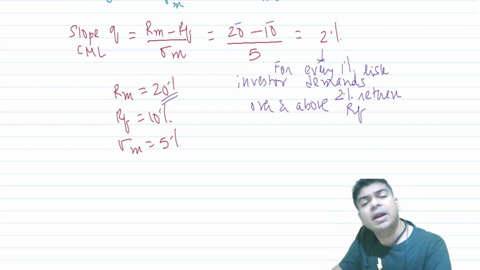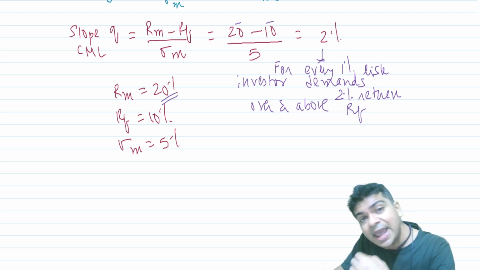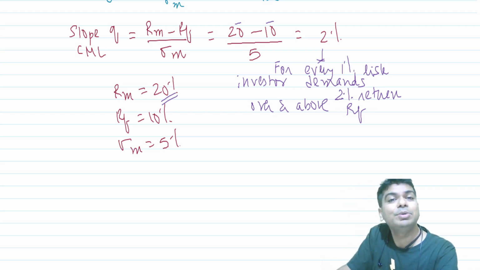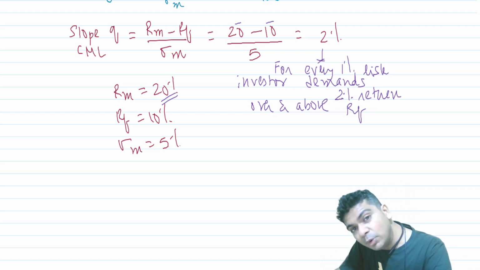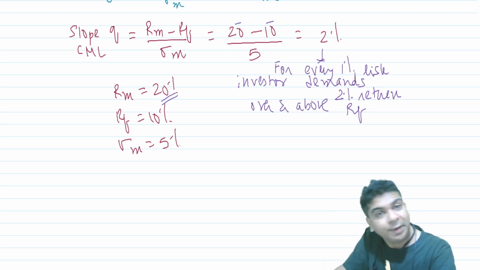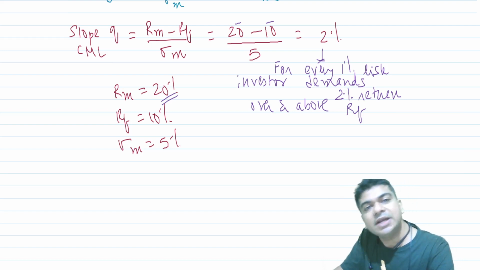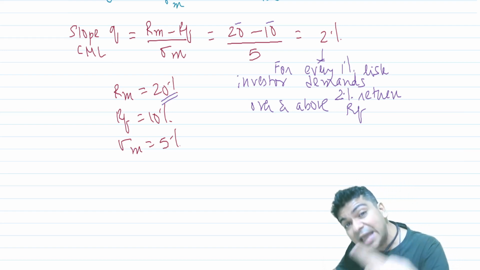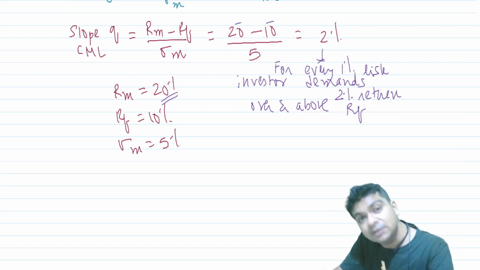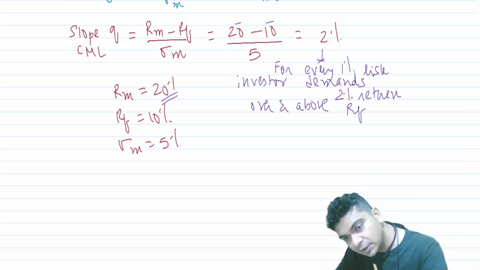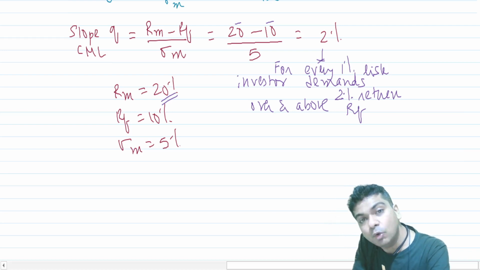The market portfolio gives 20%. So what? Even if I don't take any risk, I am getting 10% return. The market portfolio becomes attractive not because it is giving me 20% return, but because it is giving me 10% more than the risk-free rate of return. That is what I'm interpreting over here.